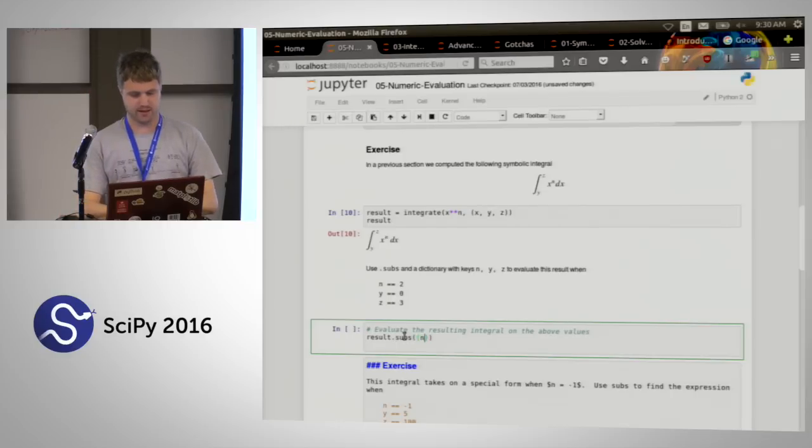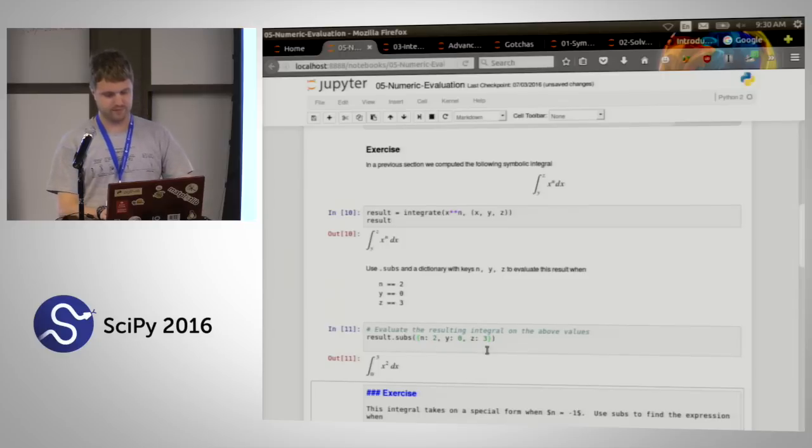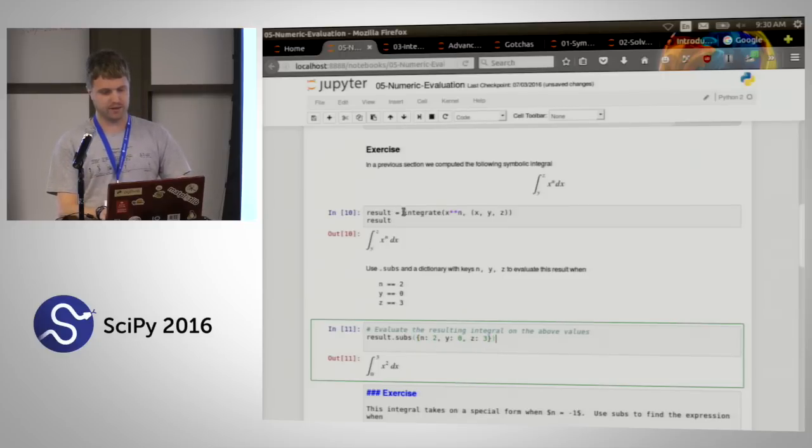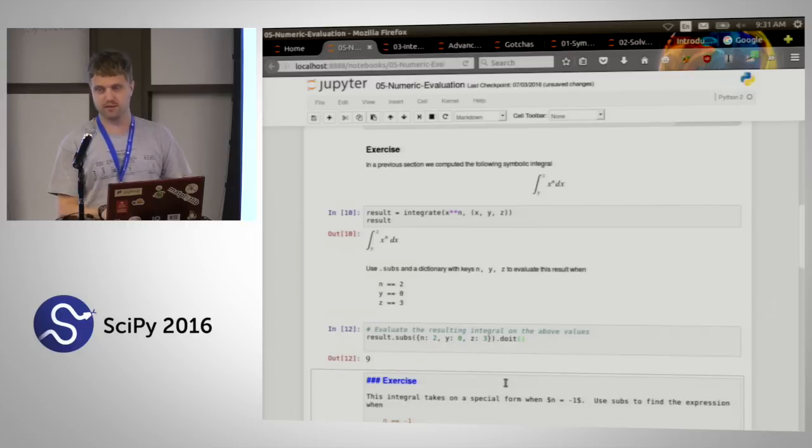So we want to replace n with 2, y with 0, and z with 3. And you can see this was unevaluated, so it's still going to be unevaluated. But now we can call doit on it, and it'll give us an answer.